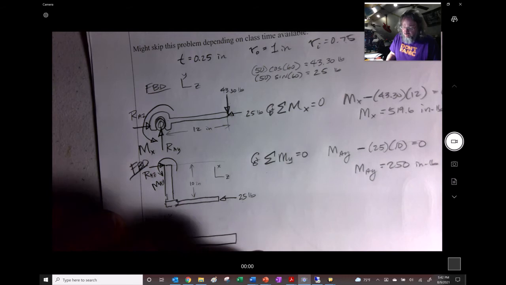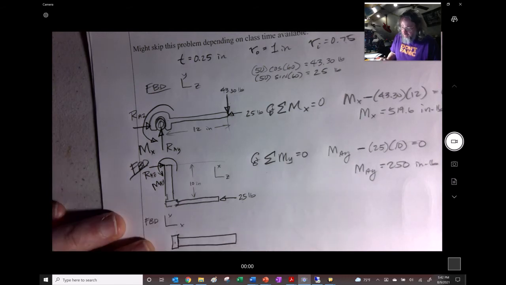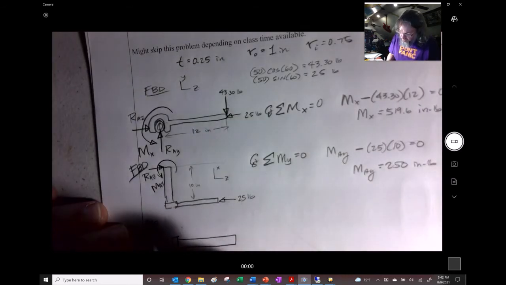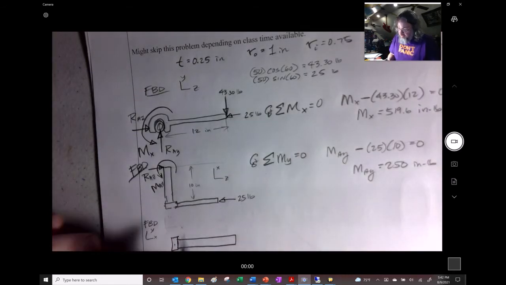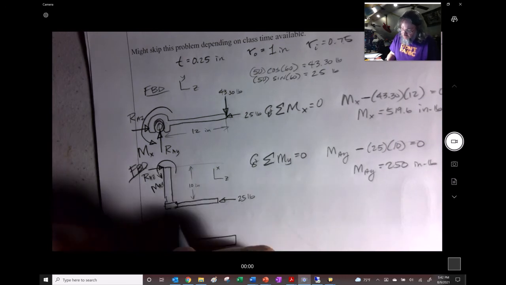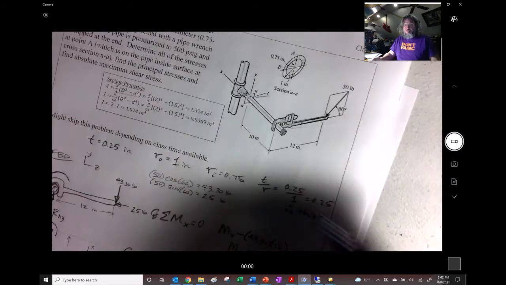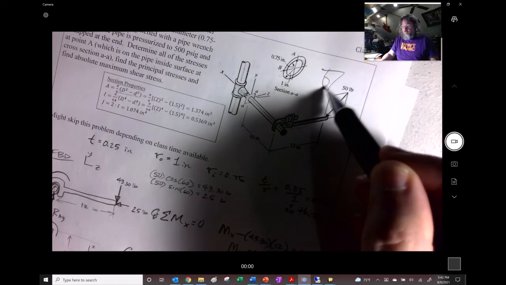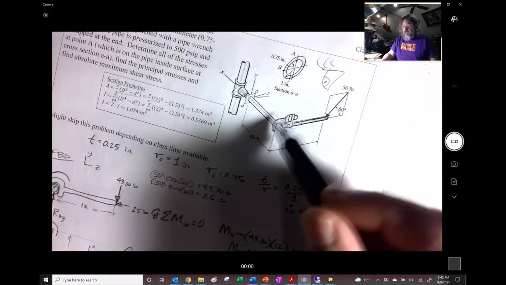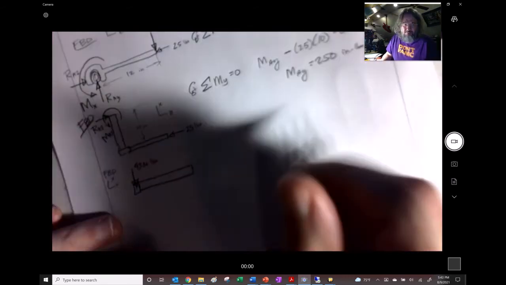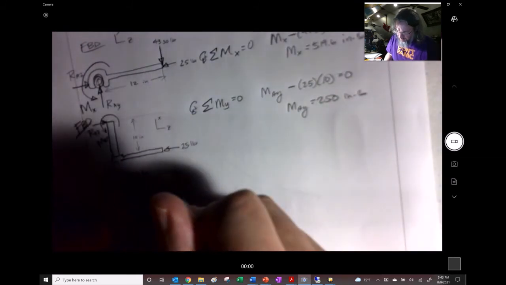Anyway, let's keep it this way, XY. The only thing that you end up seeing for this one is the 43.30 pounds looking down in that direction. I'm looking from this direction over here at it.